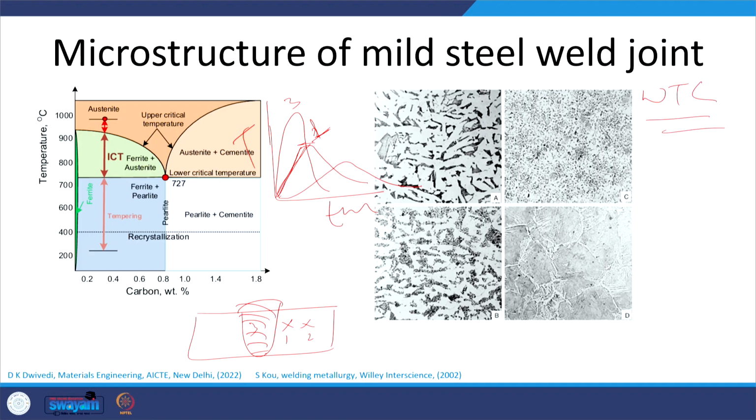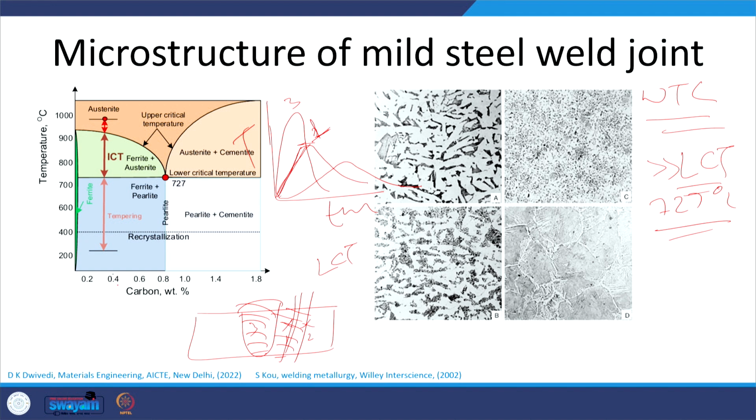All the zones during the welding of steel which are heated above the lower critical temperature, say 727 degrees centigrade, whatever zones are heated, say zone 1 or zone 2, above the lower critical temperature, will be experiencing austenitization, maybe partial or full.